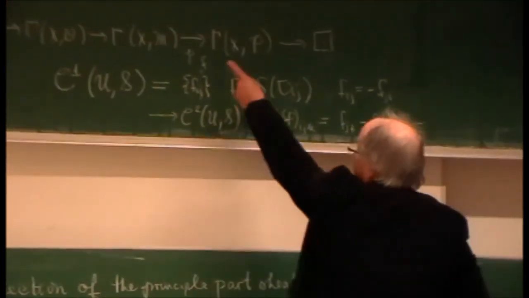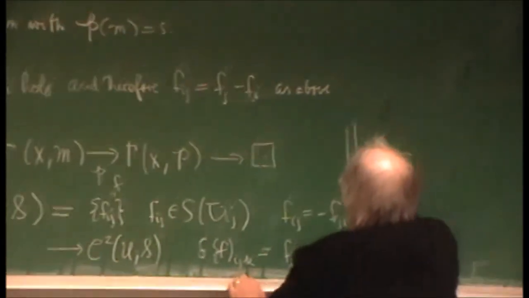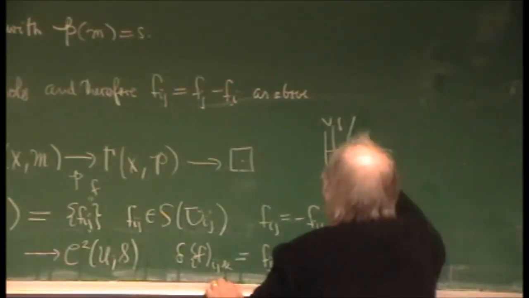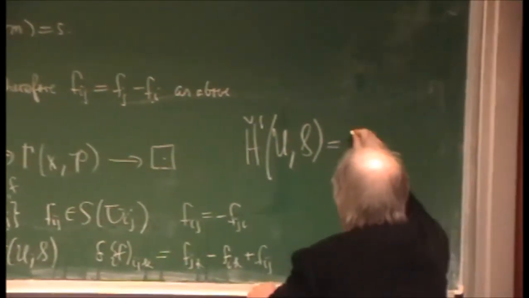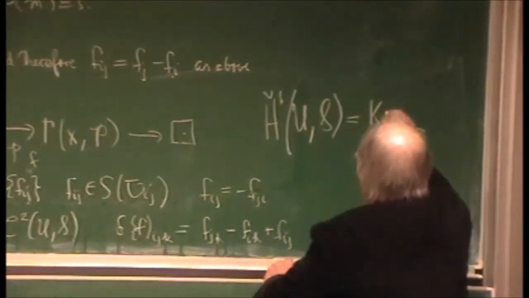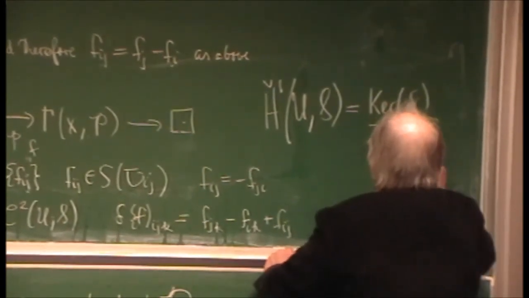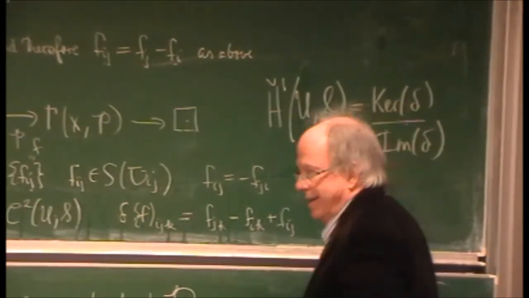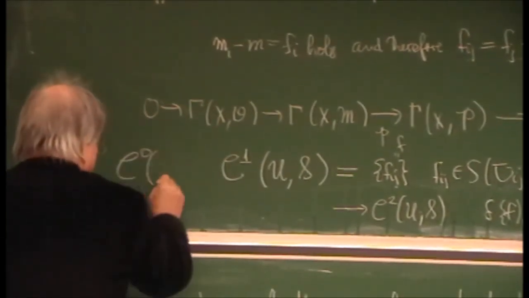And obviously these things satisfy this boundary condition. And the Čech cohomology here of the covering with S is the kernel of this boundary map minus the image of this boundary map. And now the image, I haven't said what the boundary map is from here to here.